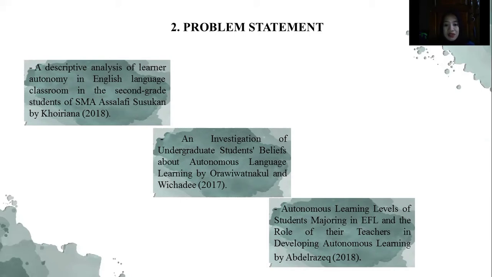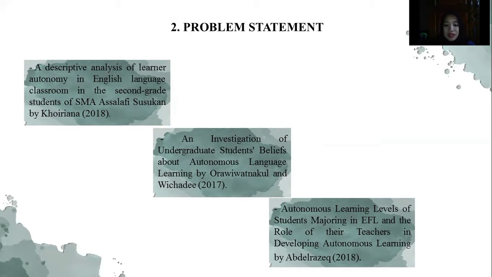Then, other researchers conducted a study about autonomous belief, entitled An Investigation of Undergraduate Students' Beliefs about Autonomous Language Learning by Ori Wiwatnakul and Wichade 2017. This study aimed to examine how undergraduate students believe about autonomous language learning in a university setting.